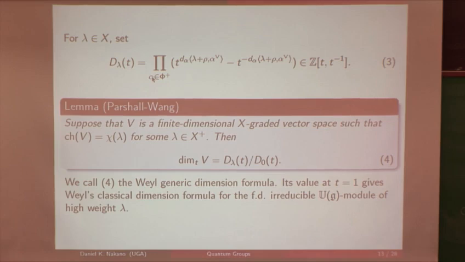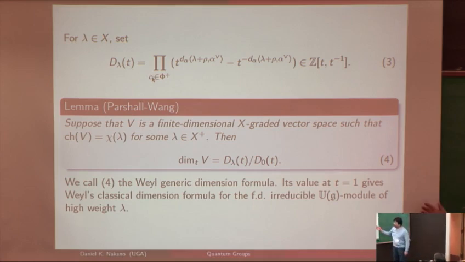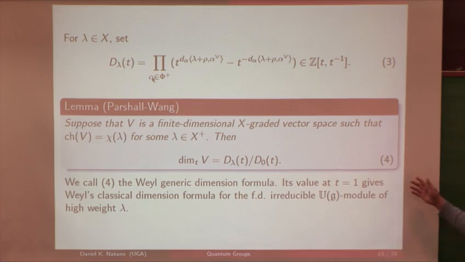And then when I specialize at t equals 1, I just get the classical dimension formula that way. Now the advantage here is that instead of taking divisibility by certain numbers, we can actually divide by certain polynomials, and that gives us more information than just dividing by numbers. Okay, so that's why we're doing this.